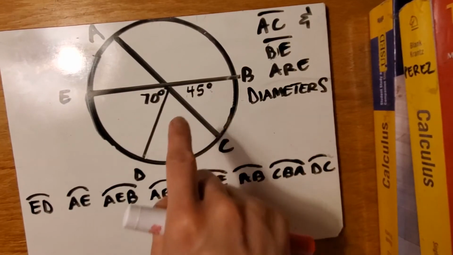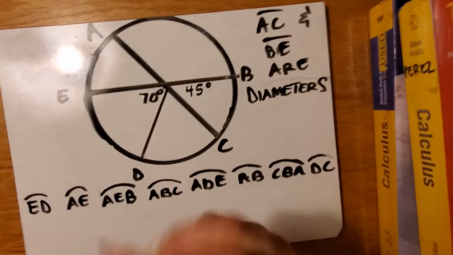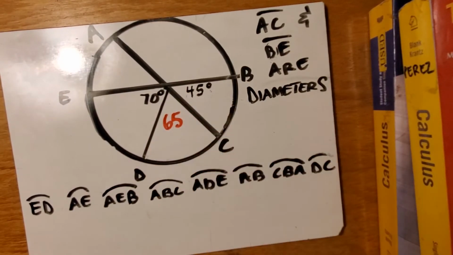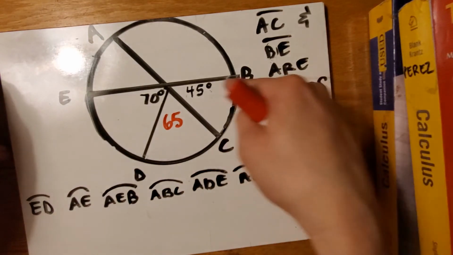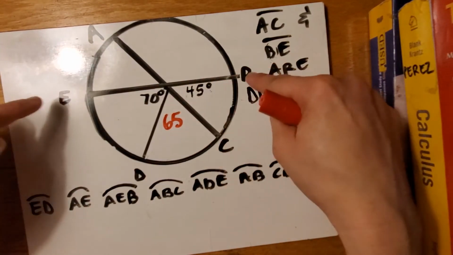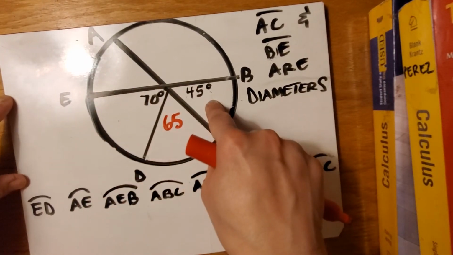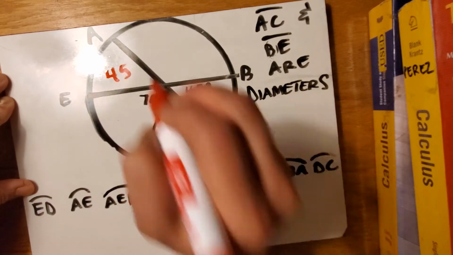So I can take 180 minus 70 minus 45, and that gives me this angle right here, 65. Since AC and BE are diameters, they crisscross, so these two angles are vertical angles, and this right here is 45 degrees.